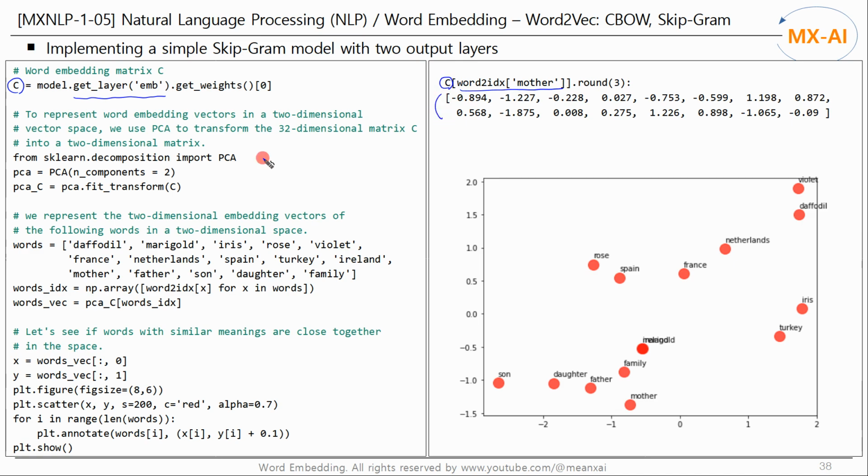Next, we will represent the 16-dimensional embedding vectors in a 2-dimensional space, and check whether words with similar meanings are clustered close together. Transform the 16-dimensional embedding vector into a 2-dimensional vector using PCA. And we represent the 2-dimensional embedding vectors of the following words in a 2-dimensional space.